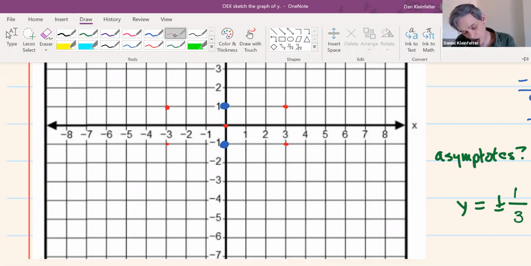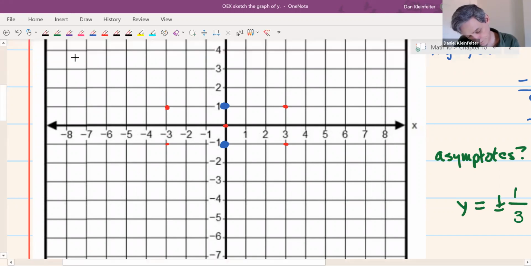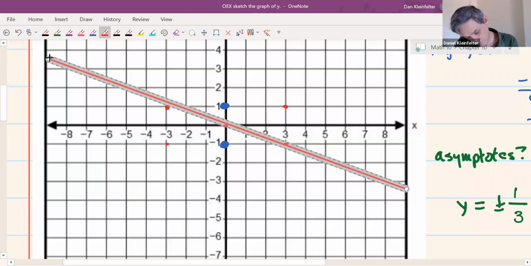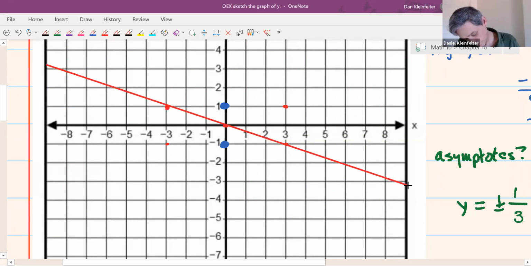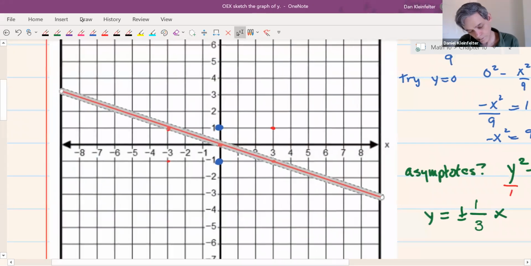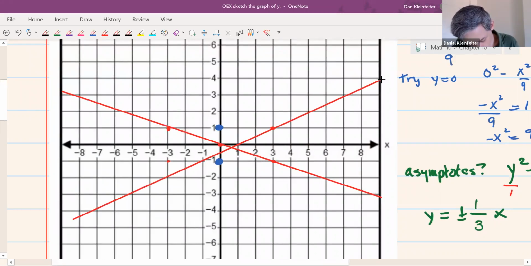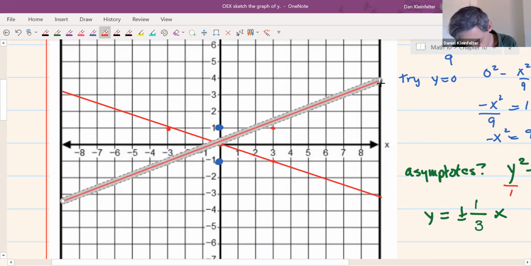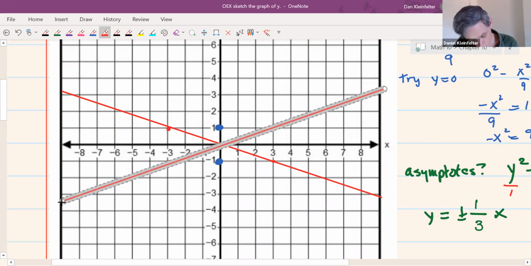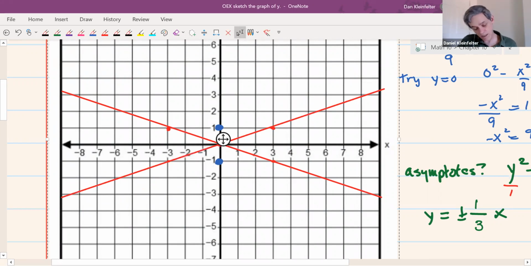All right, so let's go ahead and draw those on. Okay, let's check that they pass through the origin. Okay, good. Now we're ready to draw on our hyperbola.